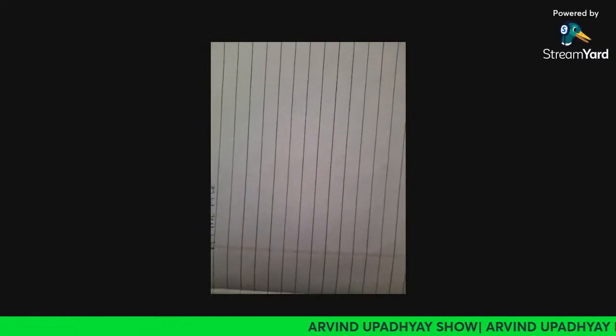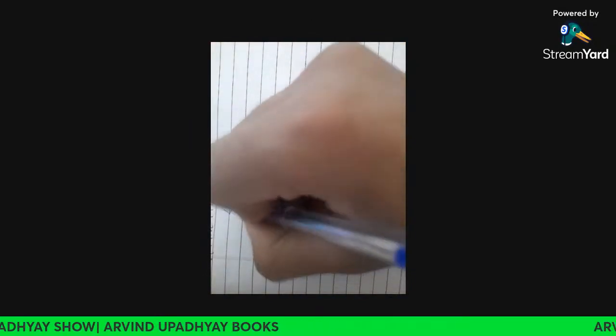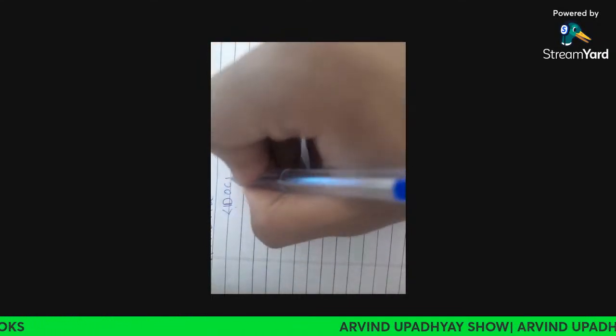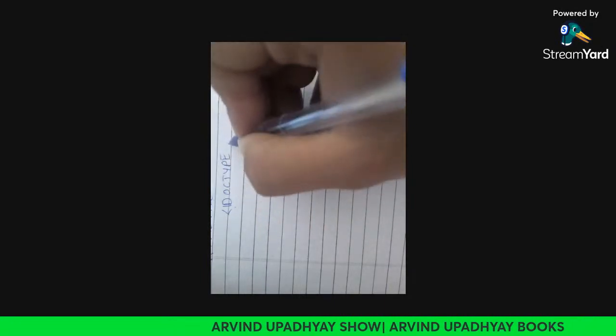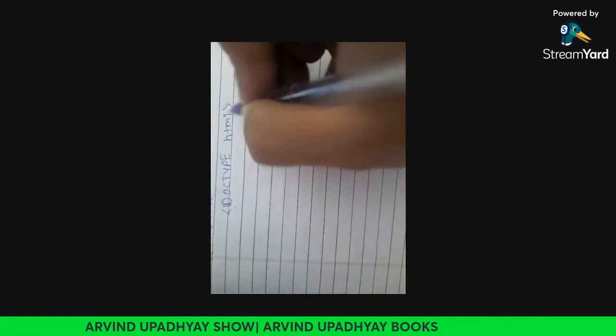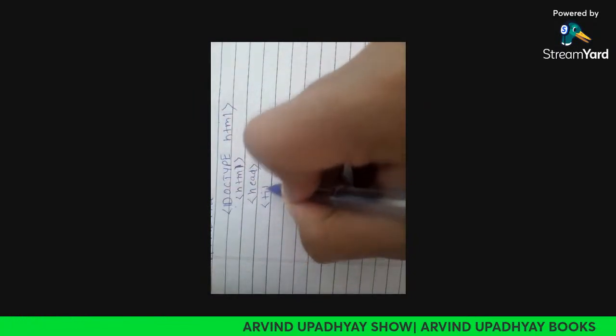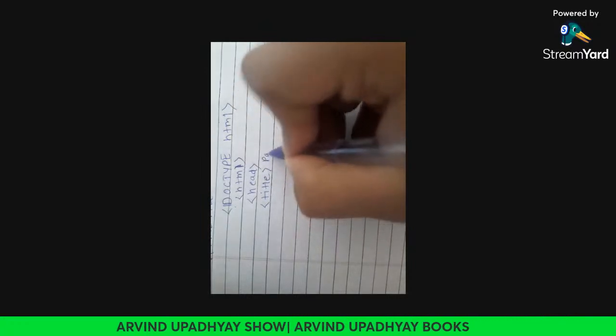Okay, so we are going to write another program like that. Let's see how I'm going to write. In a new notepad file, make a new file and write this with me. First of all, write document type, html, and then html, and then head, and then your title, then your page title.